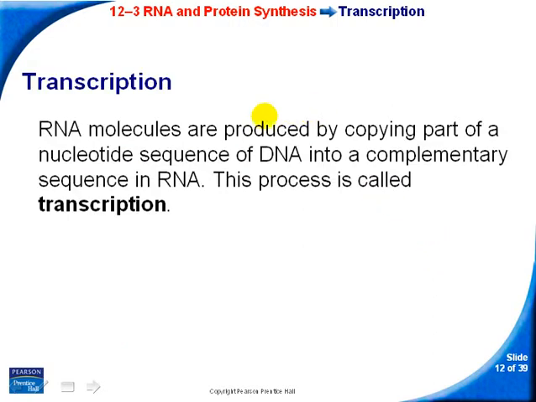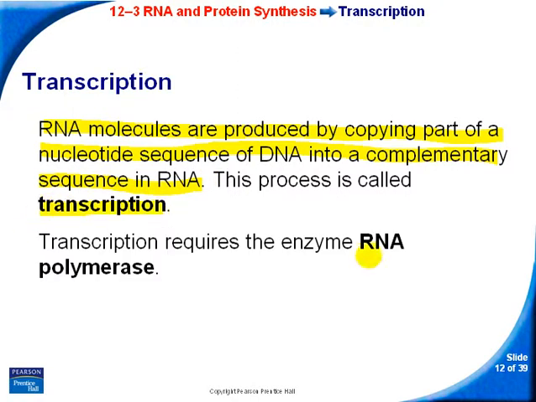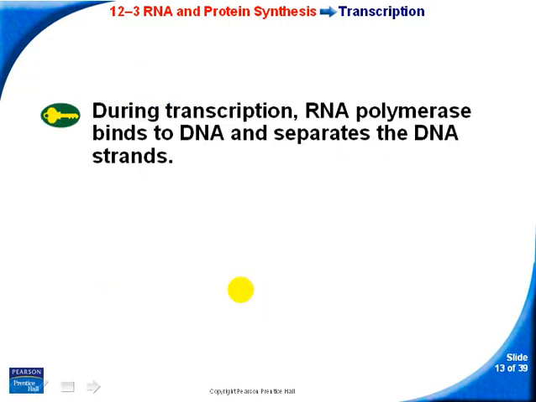What's transcription? Transcription is when RNA molecules are produced by copying part of the nucleotide sequence of DNA into a complementary sequence in RNA. And this requires the enzyme RNA polymerase. If you remember, we were talking about DNA polymerase.